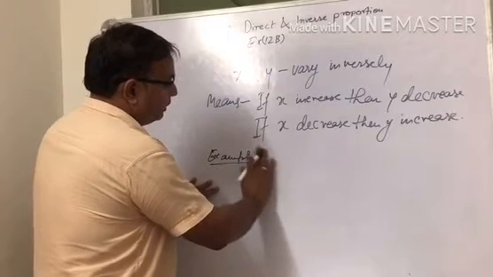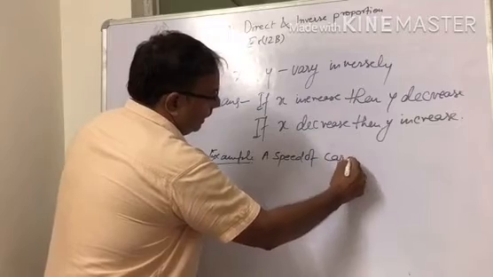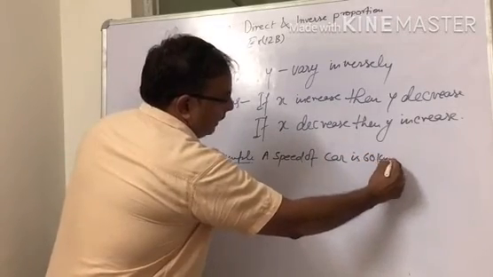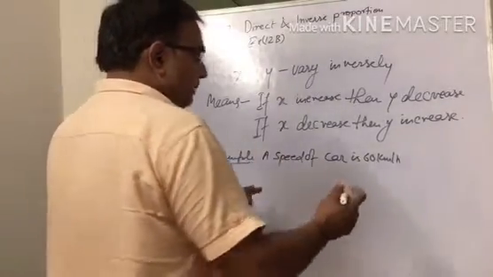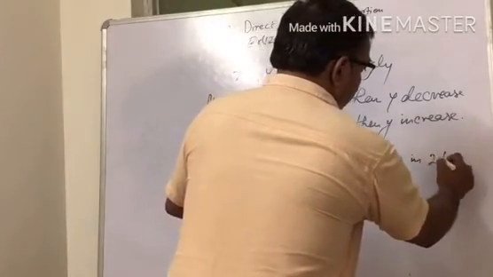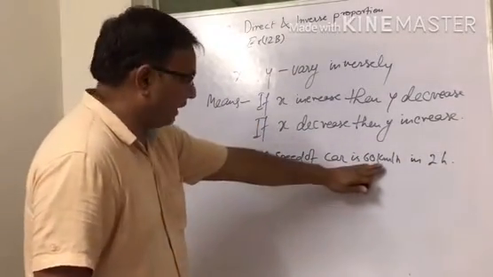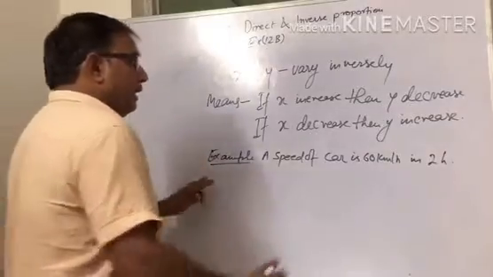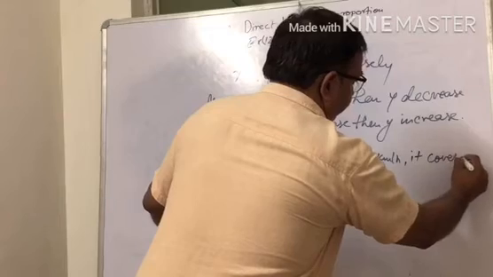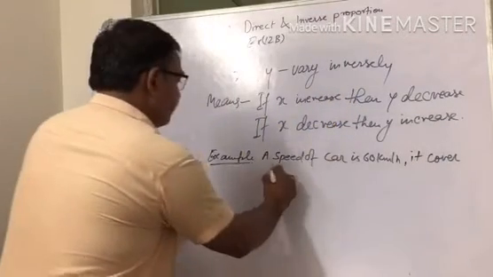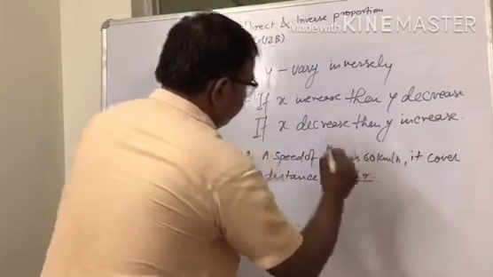Suppose the speed of a car is 60 km per hour, and it covers a distance in, suppose, 2 hours.